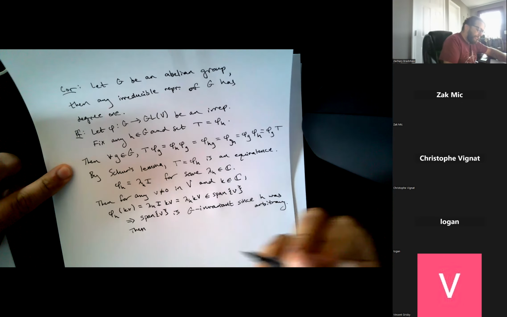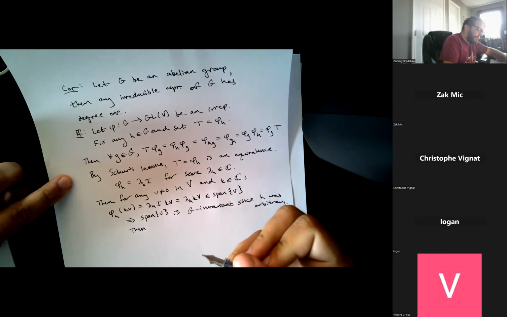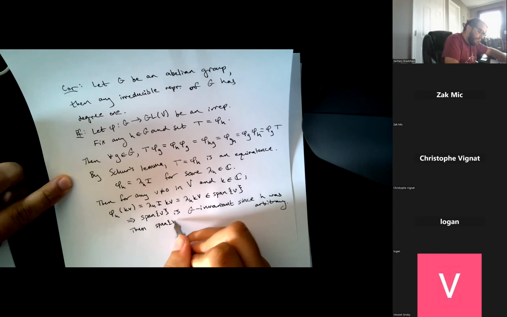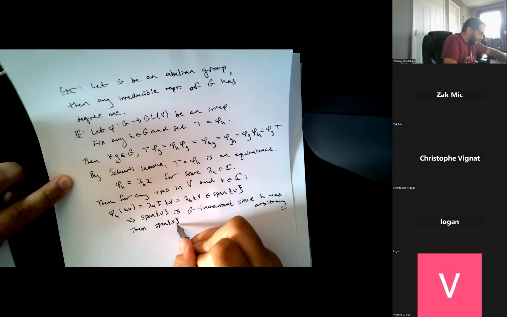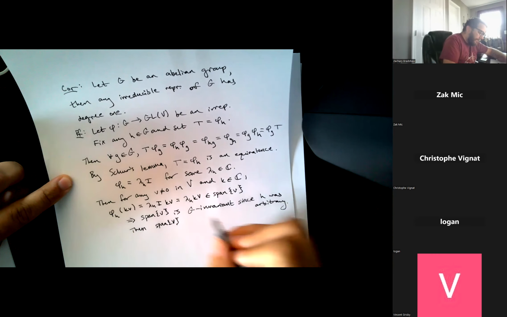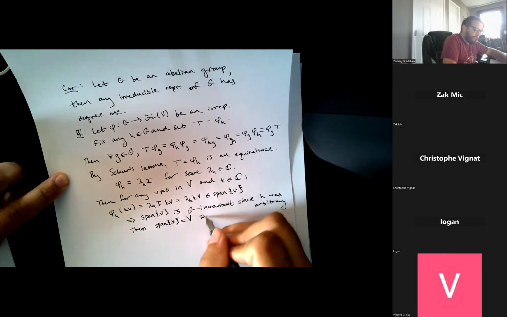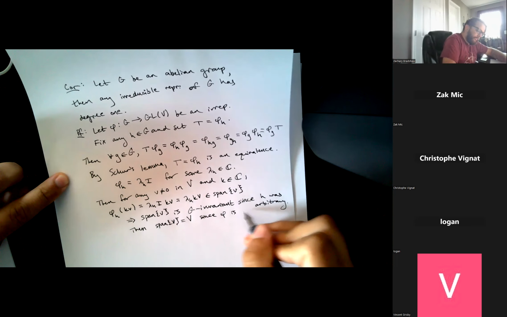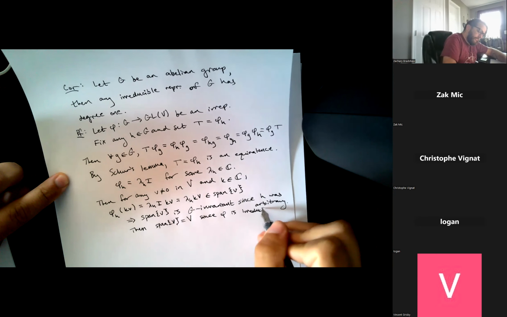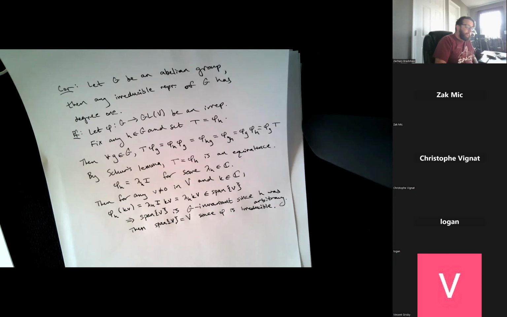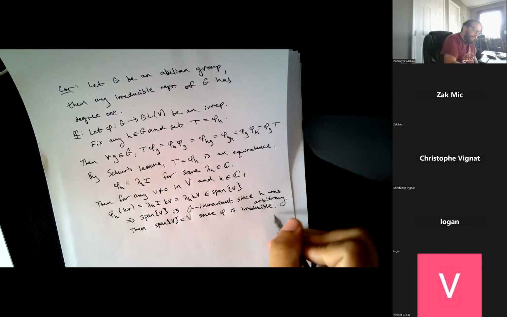So then we use the irreducibility condition again on phi to tell us that since the span of v is G invariant, it's either 0 or all of V. It can't be 0, and so it must be all of V. Great, so that proves that result.